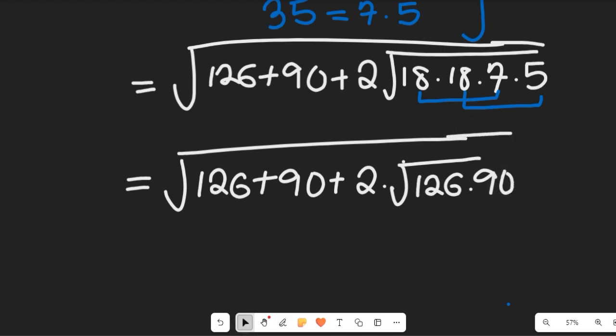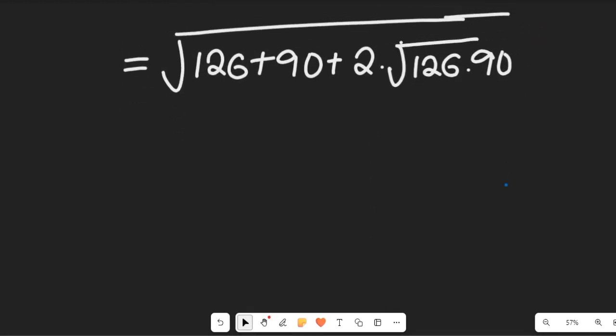Good. Now, I didn't change anything, and you can see this expression is coming to look like this other expression.